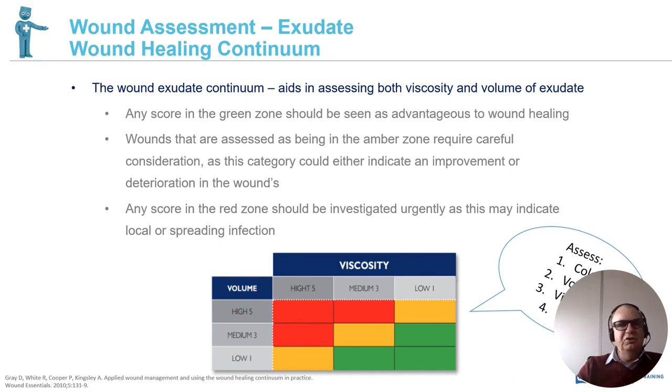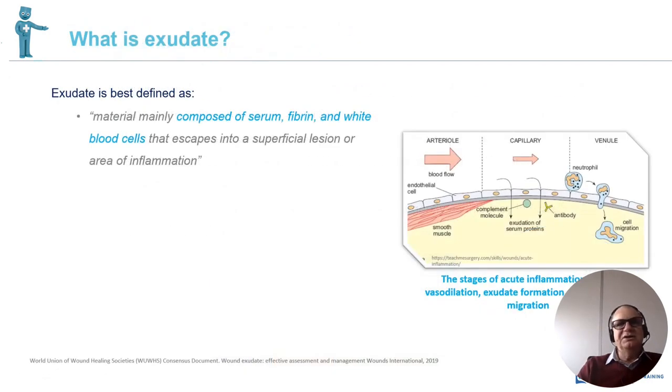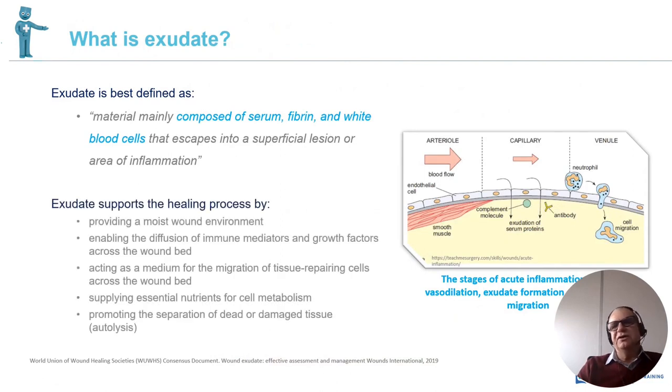And we need to understand that exudate is very beneficial as long as it has the correct color, the correct viscosity and volume, and no odor. Because that exudate provides that natural autolysis, that moist environment that will allow fibroblast proliferation, etc. So keeping that wound moist is really, really important.